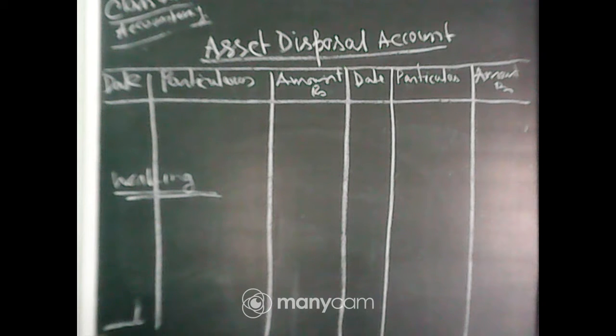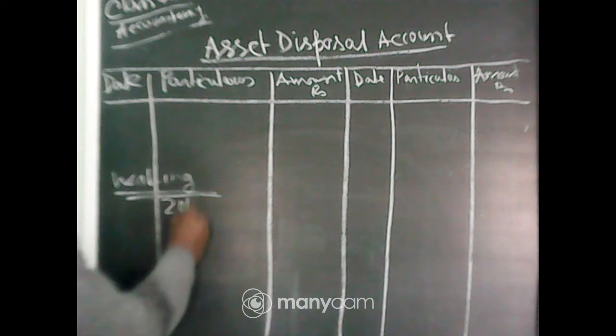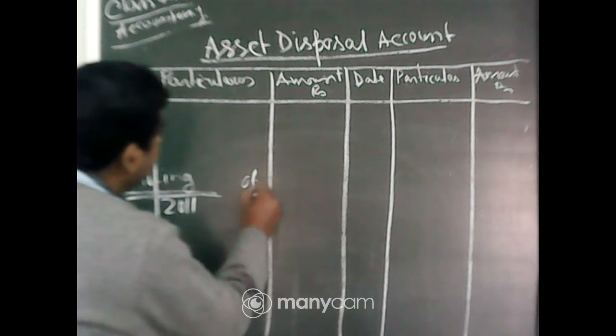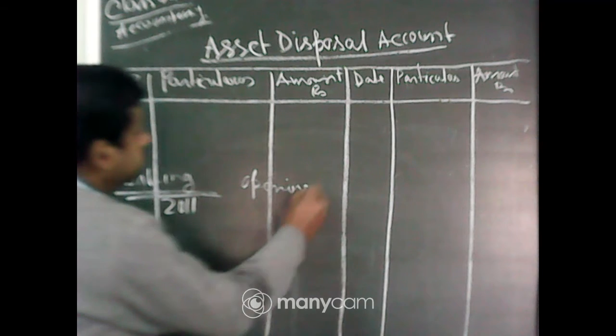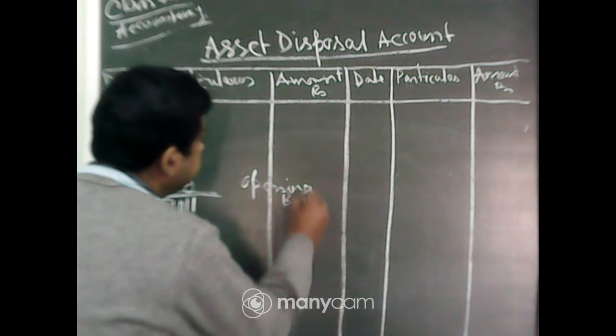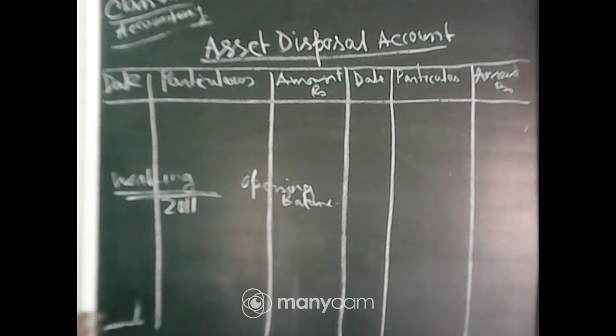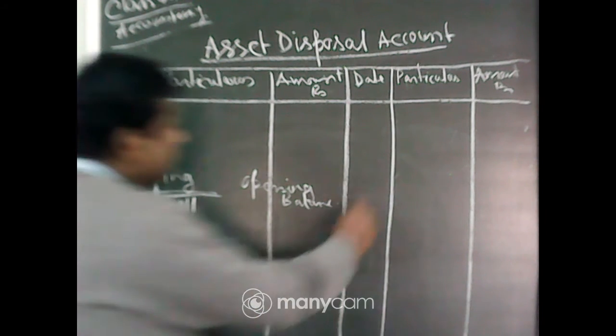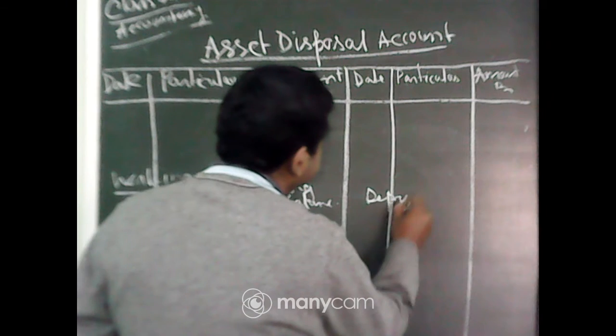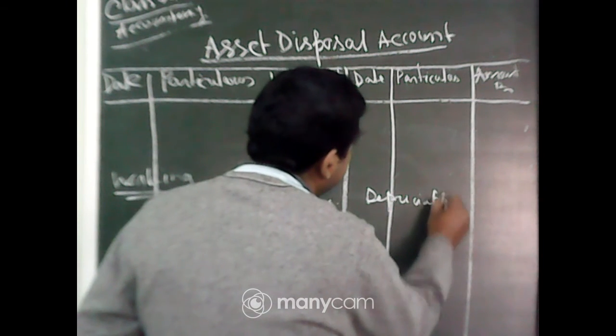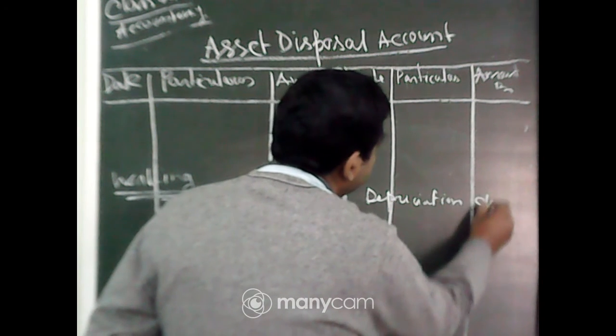So the total original cost of the machine in 2011 is 2 lakh. So 2011, opening balance, depreciation and closing balance.